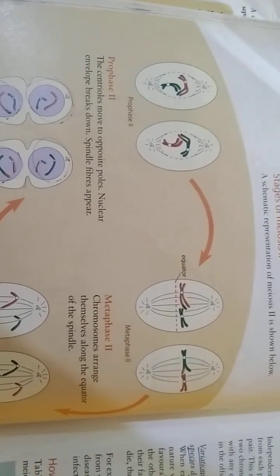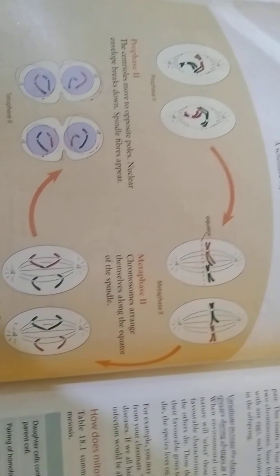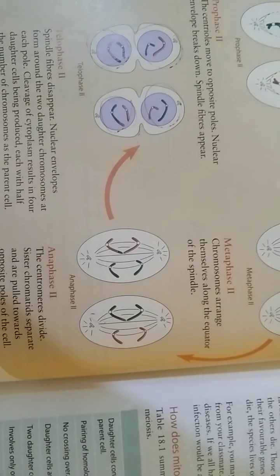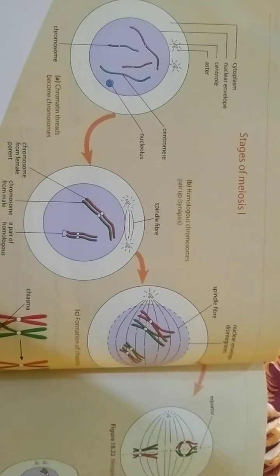And look here at the stages of meiosis: prophase 2, metaphase 2, anaphase 2, telophase 2, and then we go to the study of the stages of meiosis.